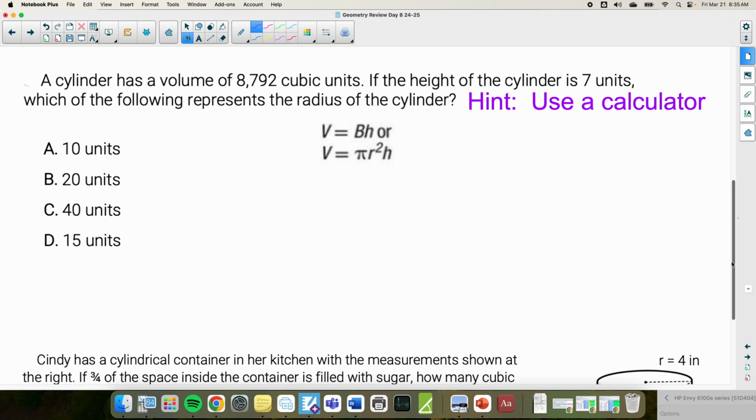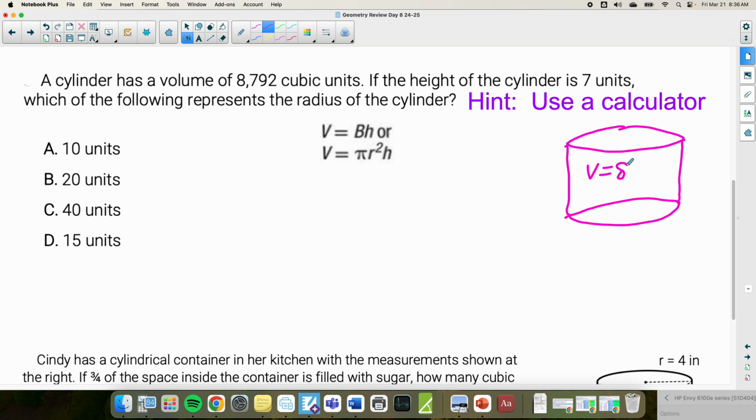This one we can use a calculator in, and we have a cylinder again. So if I draw my cylinder, if you're somebody that doesn't need to draw it out, you don't have to. And in this one, they tell us what our volume is. It's 8792.